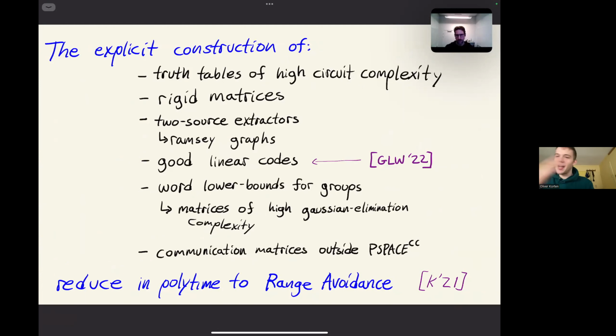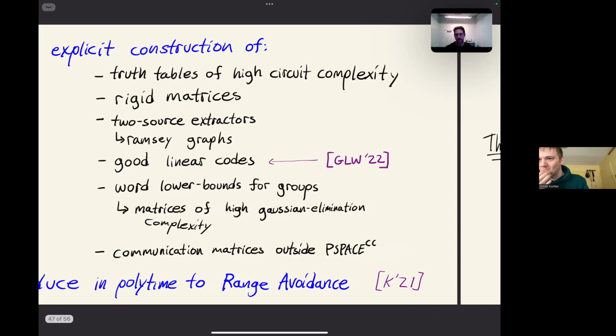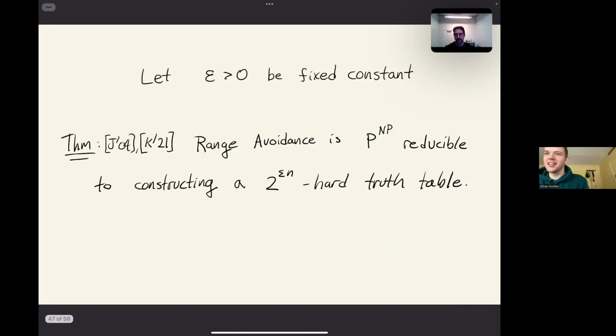And so we've satisfied the two really important properties of a nice complexity class that captures a class of problems: it should contain all the interesting problems you were curious about, and one of those interesting problems should be complete. The problem that's going to be complete is the first one on this list: constructing truth tables of high circuit complexity.